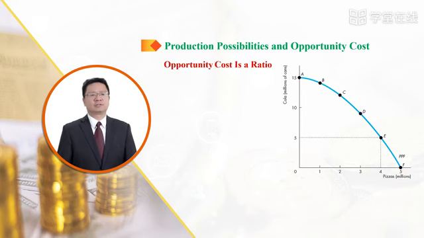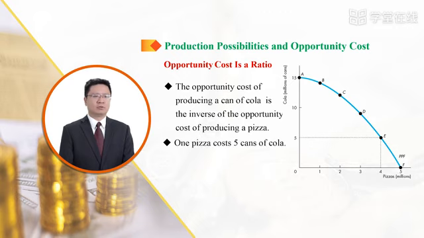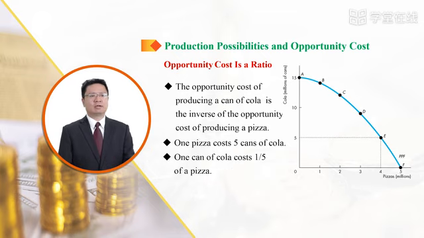Because opportunity cost is a ratio, the opportunity cost of producing an additional can of cola is equal to the inverse of the opportunity cost of producing an additional pizza. Therefore, when we move from F to E, the opportunity cost of one pizza is 5 cans of cola. 1 can of cola costs 1/5 of a pizza.